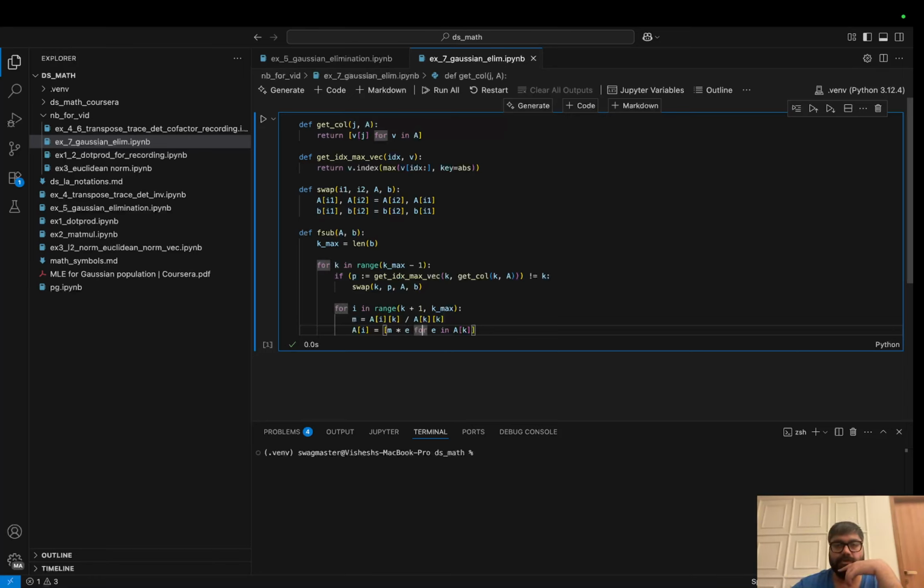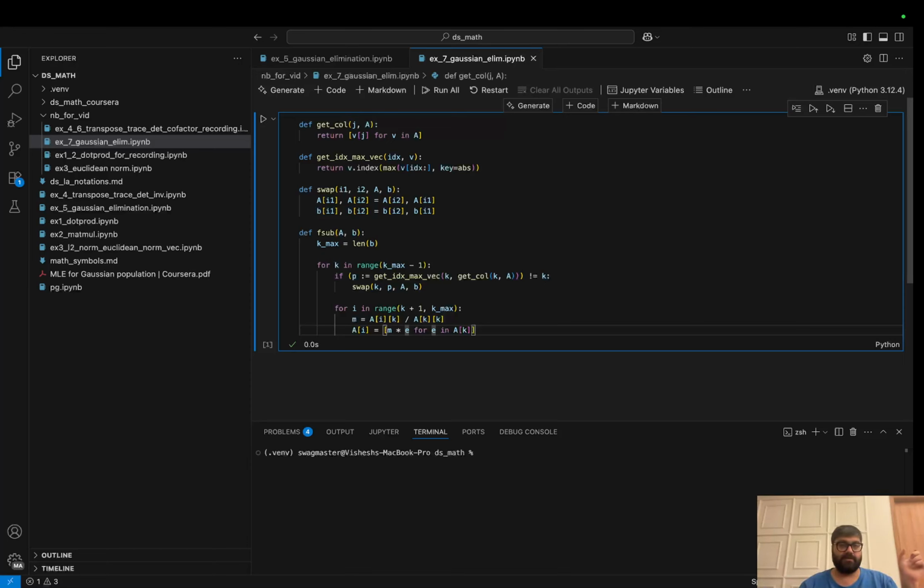Okay, so m times e for e in A_k. A_k is the previous row, so the top-level row, the row where the pivot exists, and we're looking below that, right? And we have to zero out the elements underneath the pivot on this row. So it's not just the multiplier times the elements of row k.